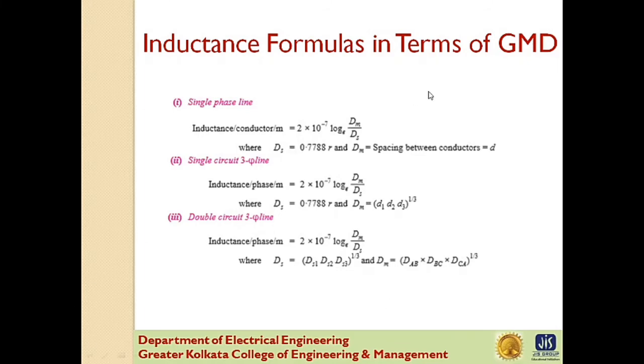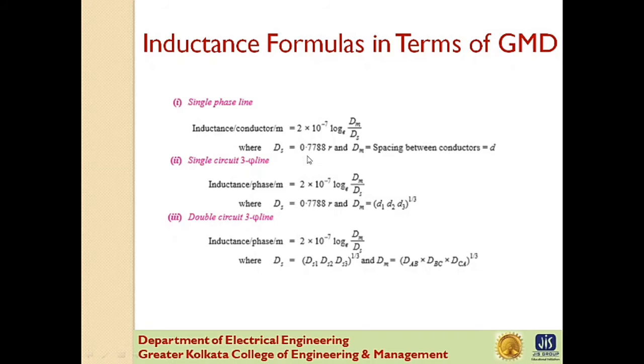Now the inductance formulas in terms of self GMD. In a single phase circuit, what was the expression? 2 into 10 to the power minus 7 log e D by R. Here D is replaced by Dm and R is replaced by R'. In a single phase line the expression for inductance is 2 into 10 to the power minus 7 log e Dm by R', where the value of R' is equal to e to the power minus 1 by 4 into R, or 0.7788 R. We derived that.